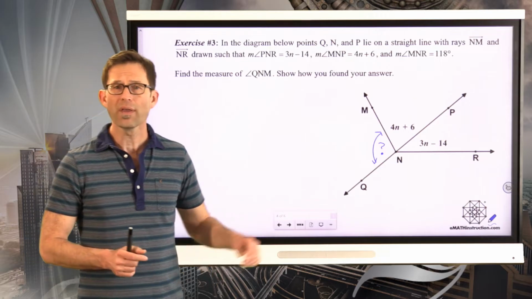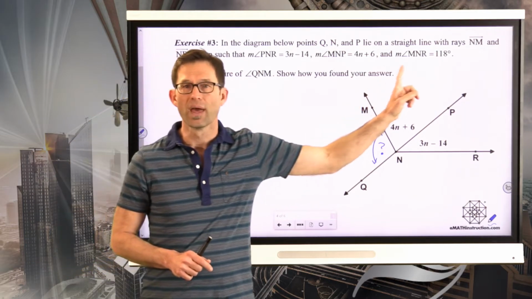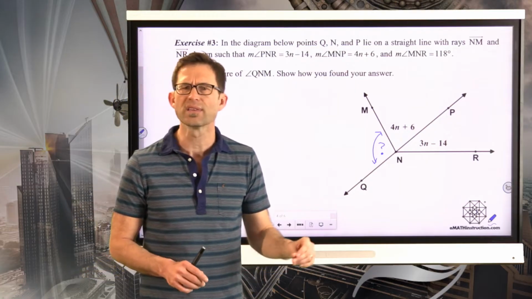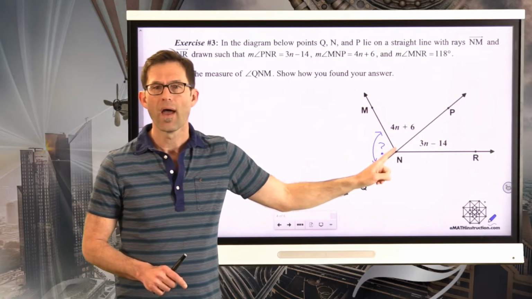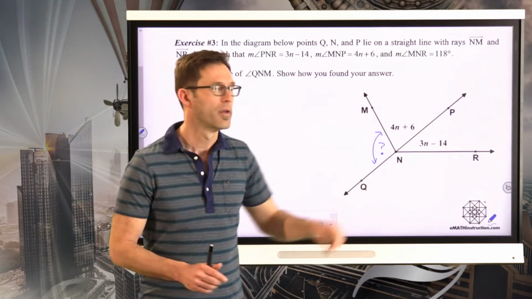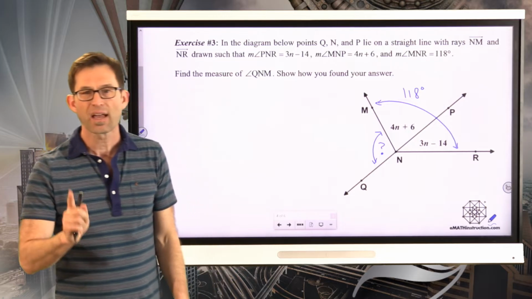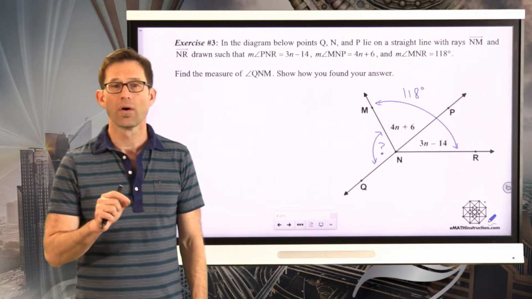All right, well, one thing I haven't brought in at all in my problem yet is the measure of angle MNR being 118 degrees. So where is MNR? Well, MNR is this angle. That angle is 118 degrees. And that's actually going to be the key to setting up and solving an equation.